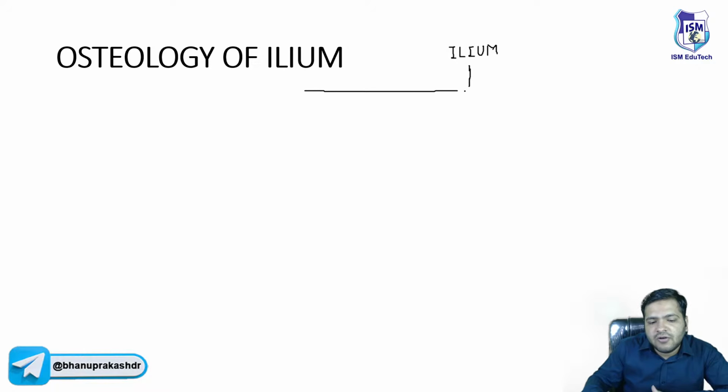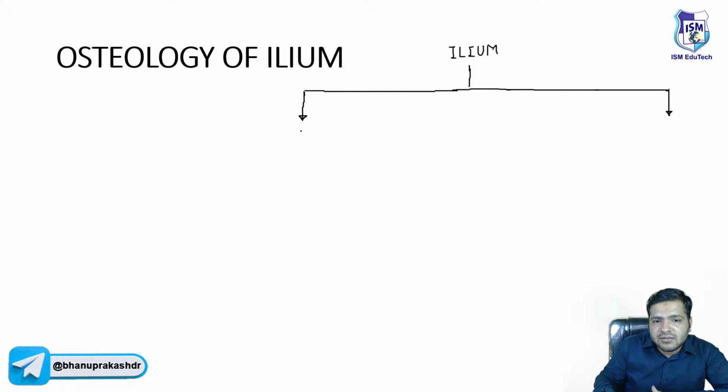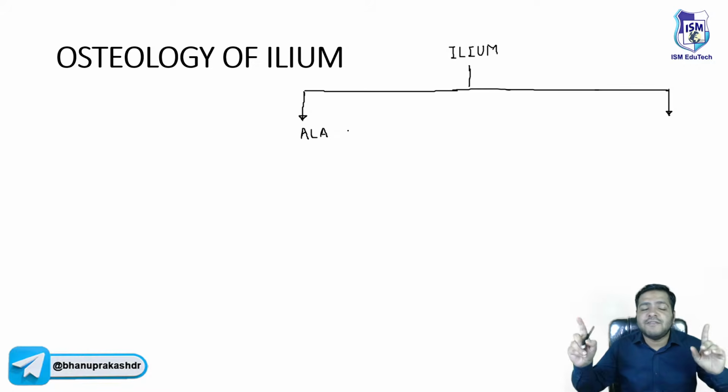It is composed of two parts. It will be a very long flowchart, guys. One is called the ala of the ilium. Ala means wings.